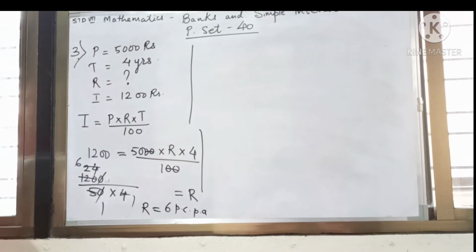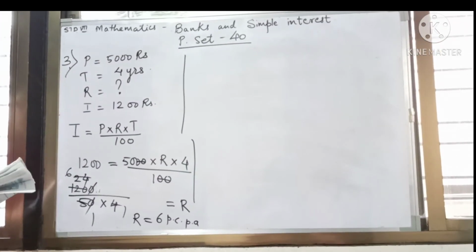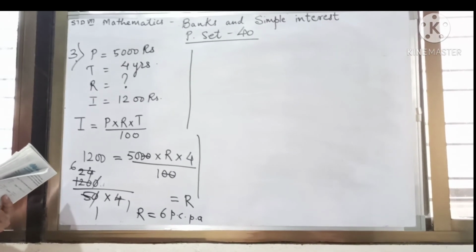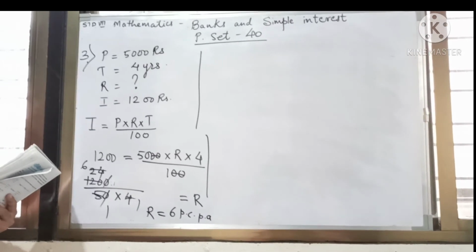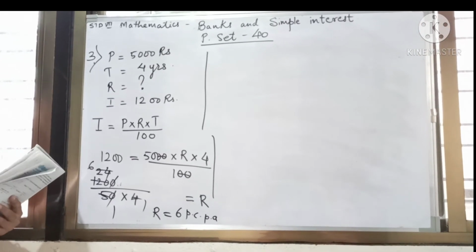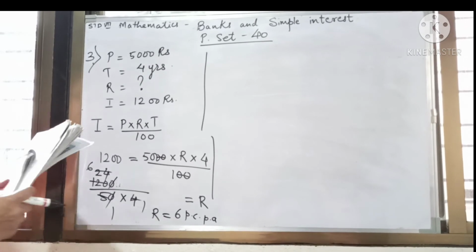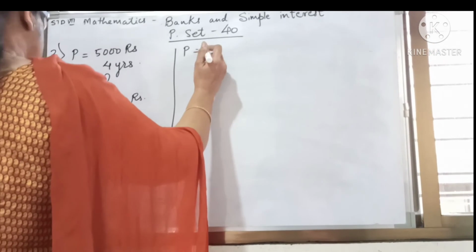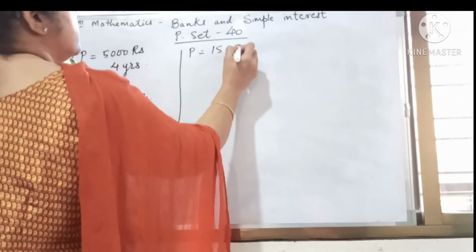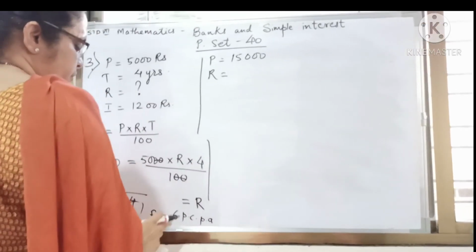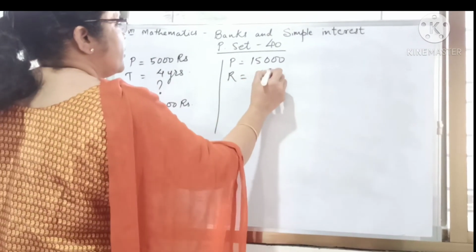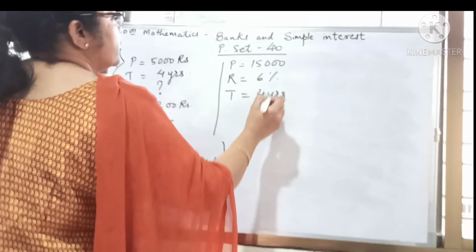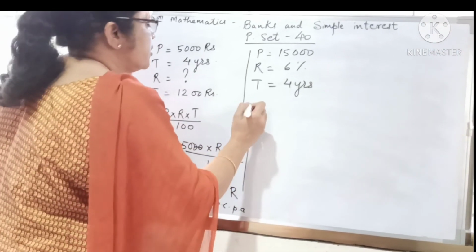Now we will solve the next part. They have asked you the interest on 15,000 for the same period at the same rate. So we will find out the interest now. The principal is now 15,000. Rate of interest we have found out, it is 6% per annum. Then number of years, 4 years. So we will solve by using the formula.